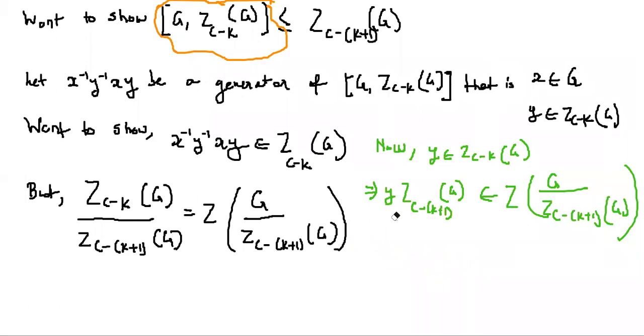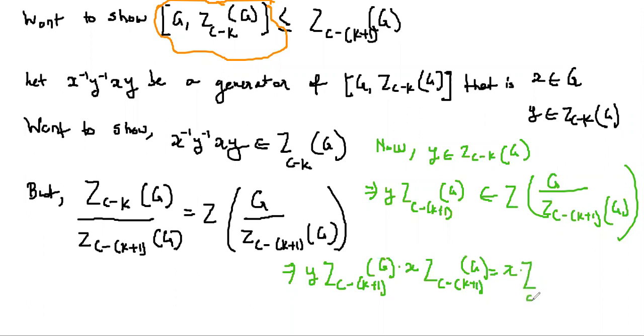So let me write down what this implies: y Z_{c-k+1} G in product with x Z_{c-k+1} G is the same as x Z_{c-k+1} G times y Z_{c-k+1} G. That is the meaning of this element being in the center, right?